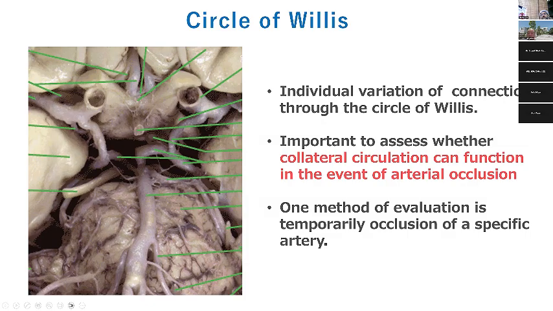However, individual variations in the development of the circle of Willis can affect how well a patient tolerates arterial occlusion of this segment. Thus, the technique using temporary vessel occlusion helps us evaluate these pathways during angiography.